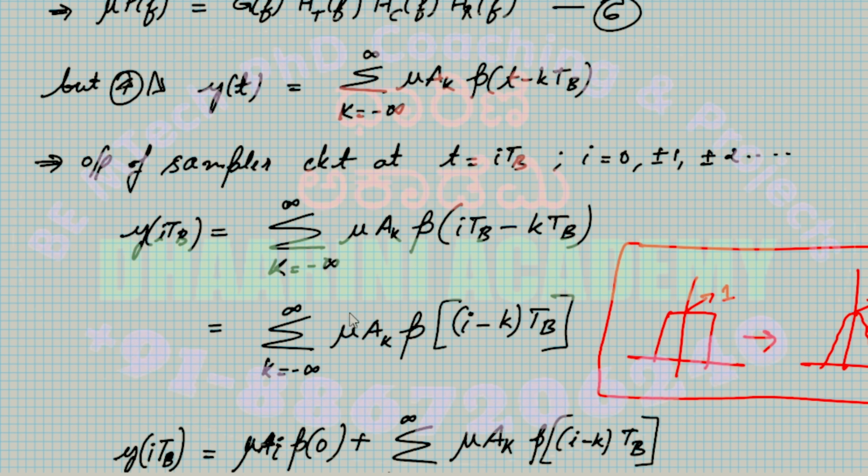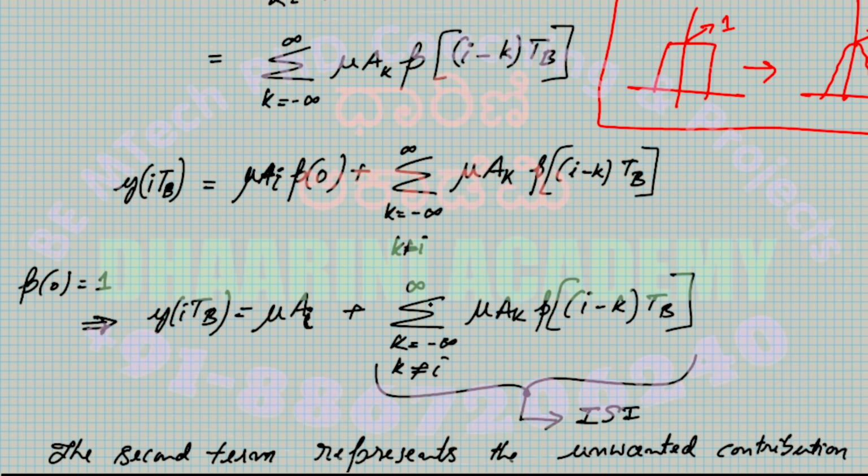So that means I can take the T_b common from the right hand side inside the bracket. It is i minus k into T_b. Right. Now we already have assumed something. If inside the bracket I get a 0, the magnitude is 1, right? P of 0 is 1.